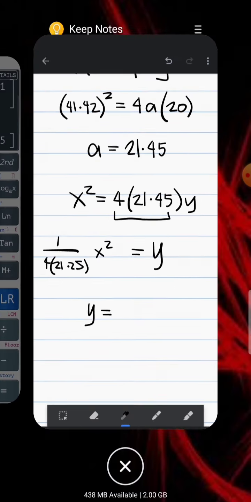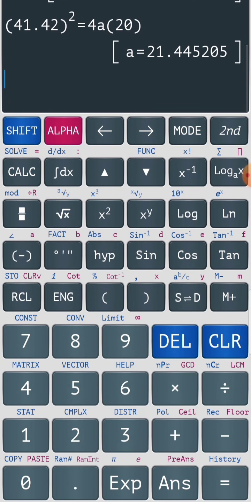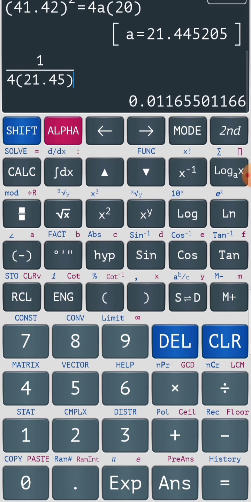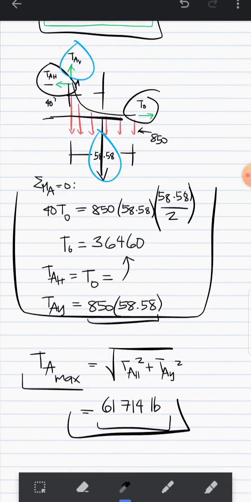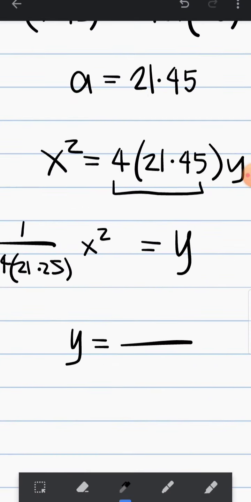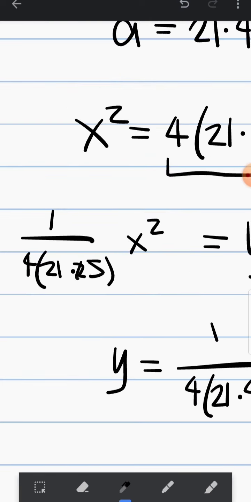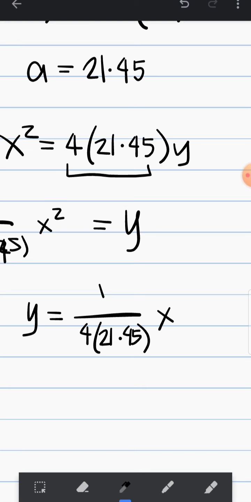That would be 1 over 4 times 21.45, or let's just leave it like that, 1 over 4 times 21.45 x squared.